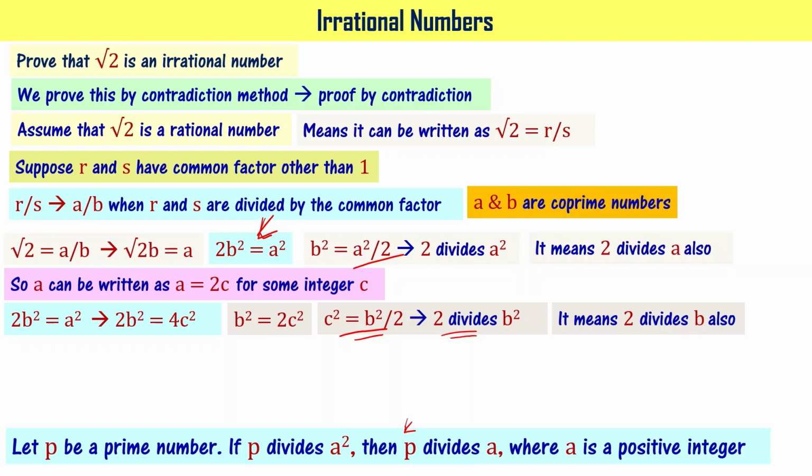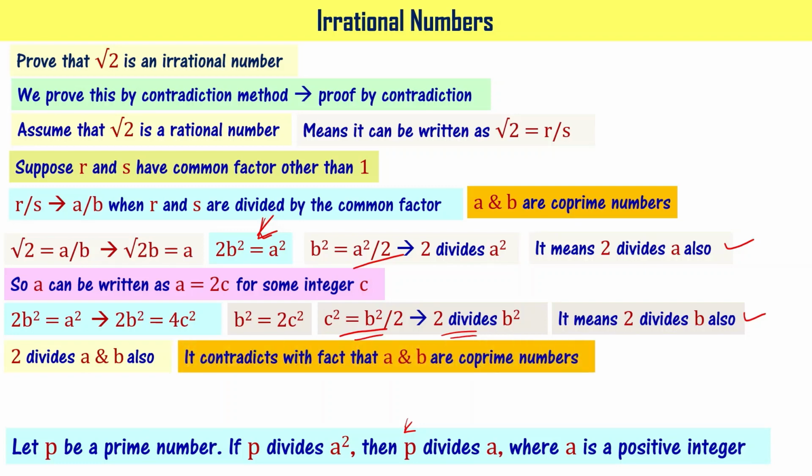When I club this particular statement and this particular statement together, I can say that 2 divides a and b also, right? This is contradicting with a and b are co-prime numbers. When I say a and b are co-prime numbers, the common factor is only 1, right?